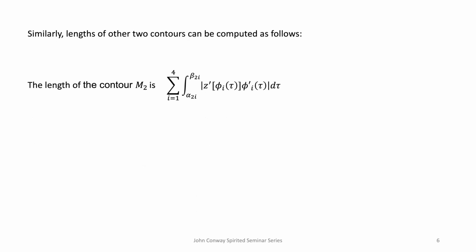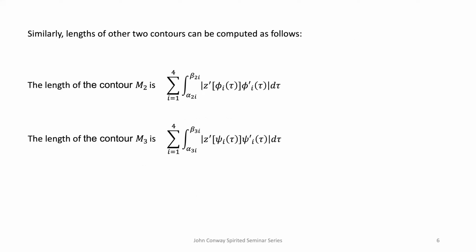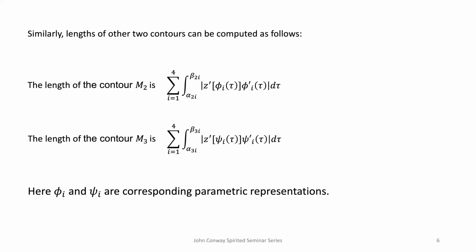Similarly, the contour M2 can be constructed with the sum of 4 integrals, and M3 also a sum of 4, because M2, as we saw in that other figure, is made up of 4 piecewise arcs, and M3 also. Here phi I and psi I are the corresponding parametric representations, just different symbols.